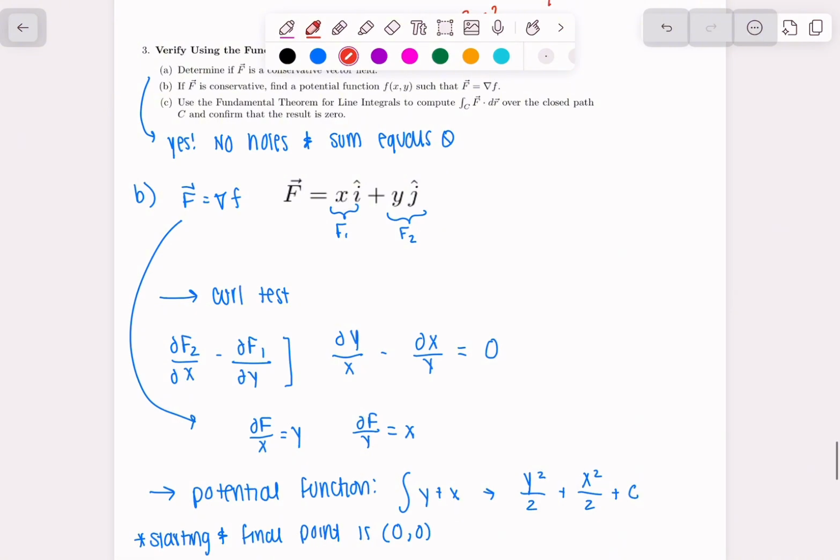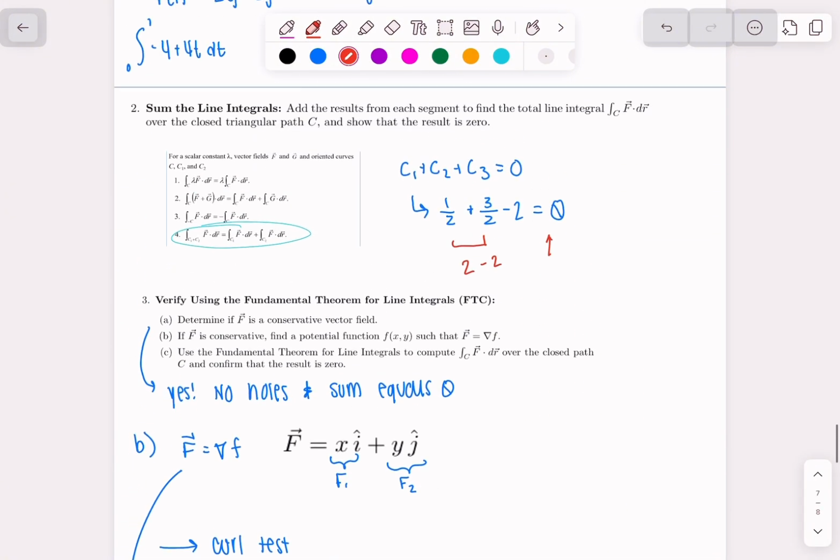Once again, our starting and final point is (0, 0). So f(q) is going to be f(0, 0), and f(p) is going to be f(0, 0). When you plug both of those in, you get 0 because you're going to have 0 in the numerators across all points, and you're not adding anything in the numerator. So we get 0.